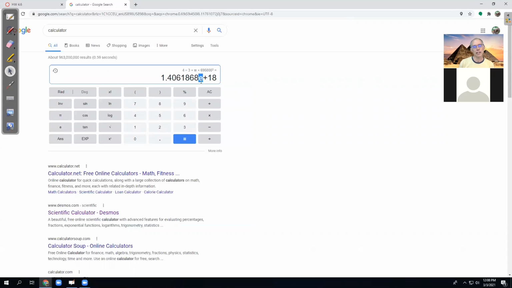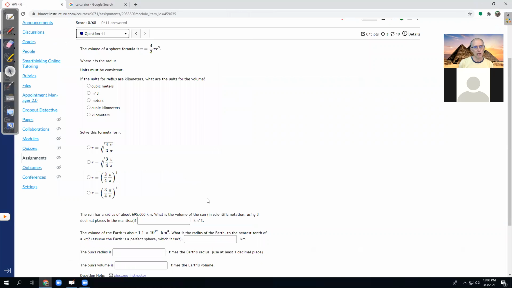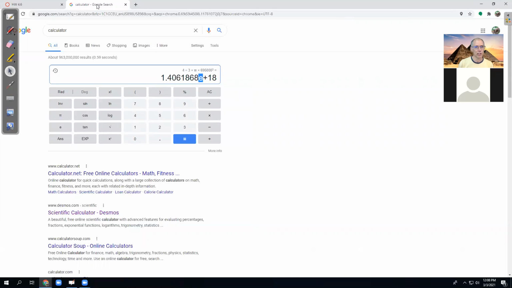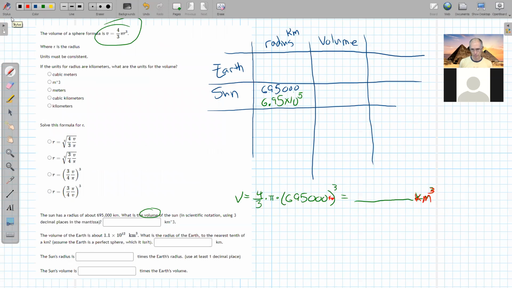This E on the calculator means scientific notation. Back in the original problem, they said since we have 3 places here, we're going to use 3 places. That's an idea called significant figures or significant digits. So I only need the first 3 digits here. 1.406 times 10 to the 18th is what I'm getting, in kilometers cubed.